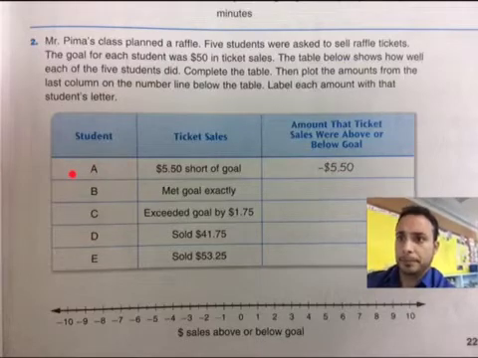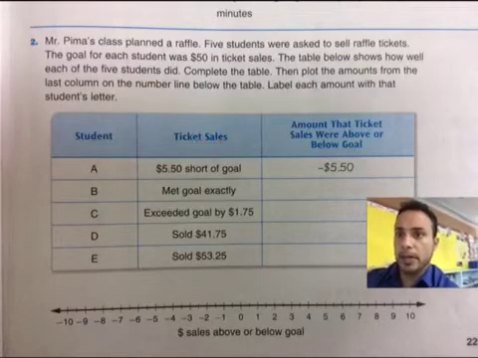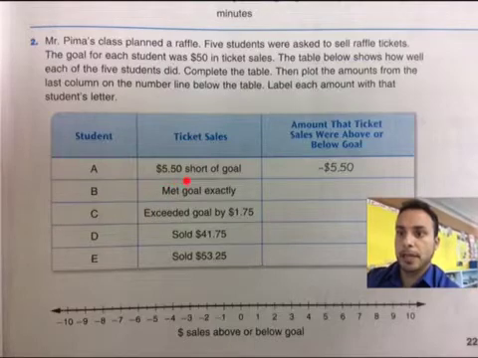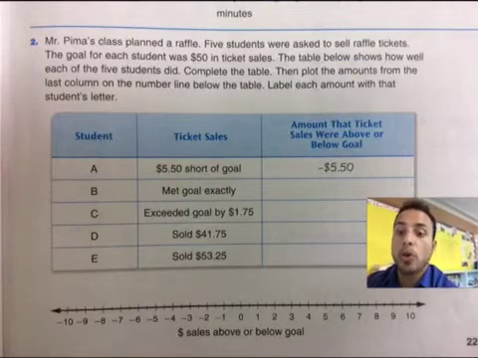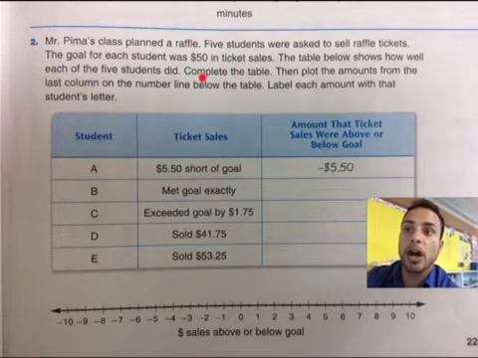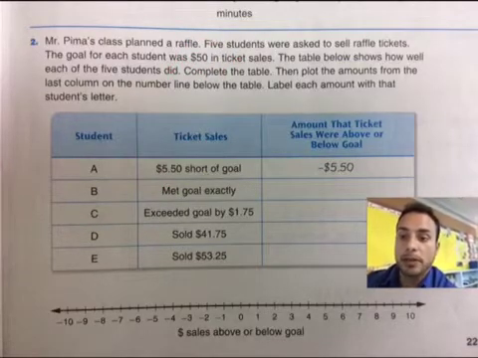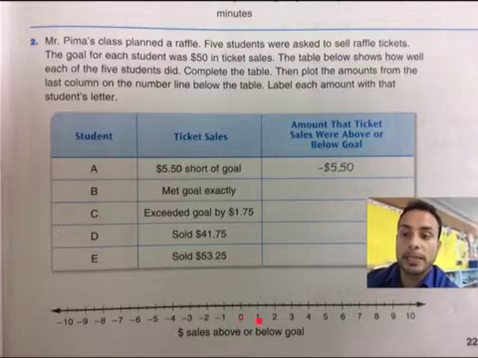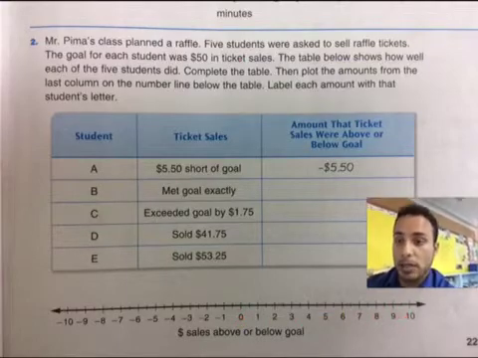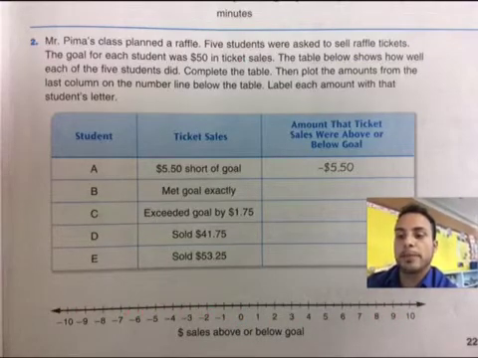So, student A had ticket sales, okay, $5.50 short of the goal. Okay, $5.50 short of the goal. The goal is $50. I'm assuming the goal will be 0 because this is additional dollars, and this is where the people fell short. They needed this much more to get to the goal.